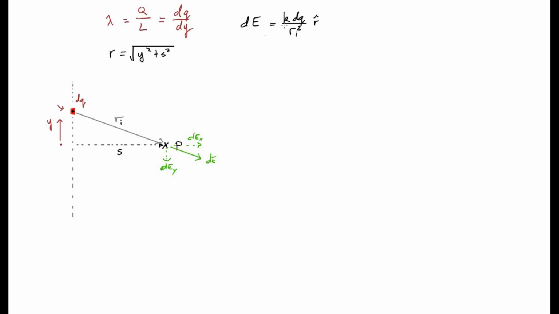Okay, so we would also be interested in only the x component, which would give us k dq over r squared, and we need some angle components. So we've got theta here, and that's the equivalent theta here. So that clearly would be the cosine of that theta in the x direction there.